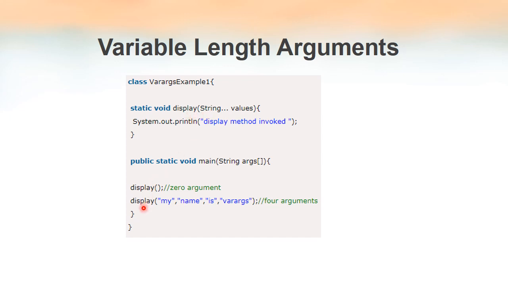That is, it is possible to call this method with 0 arguments. See the next line, we are calling this method display with 4 arguments. That is also possible. And see, we have not used 4 variables here, we have used only one variable here, and we have mentioned that it is going to be a variable length argument.